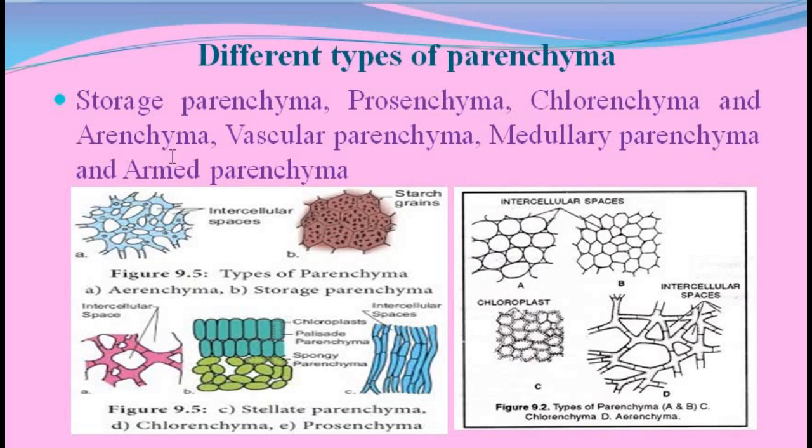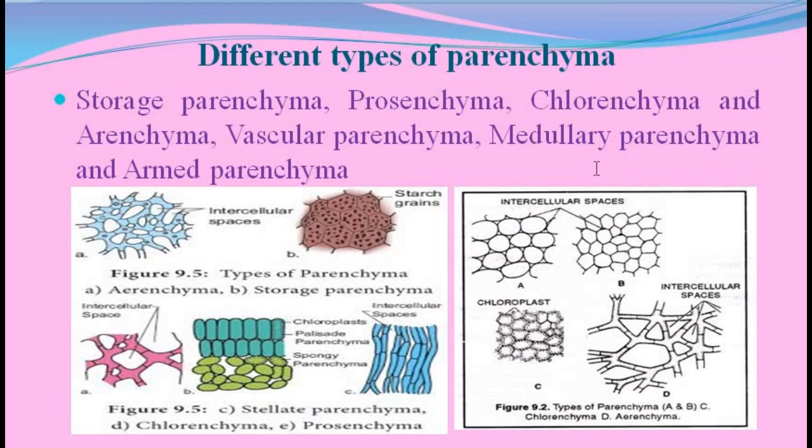Then the fourth type is called aerenchyma. Aerenchyma are a special type of parenchyma which are filled with air gaps, which are generally found in hydrophytes. They generally help in buoyancy or floating of a plant. Then vascular parenchyma. Vascular parenchyma is a special type of parenchyma associated with vascular bundles, like xylem parenchyma and phloem parenchyma, which generally helps in conduction.